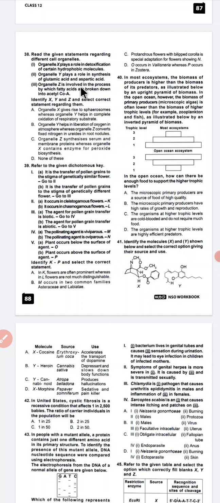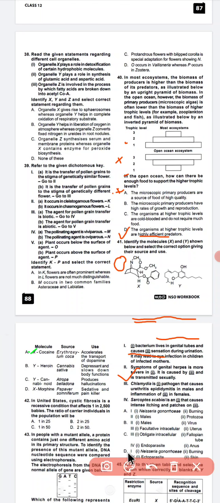Organelle Z is involved in the process by which the fatty acids are broken down into acetyl coenzyme A. Okay, these are the three statements. You have to identify X, Y, and Z and select the correct statement regarding them. So first of all, identify X, Y, Z. After that, we have to select the correct statement.